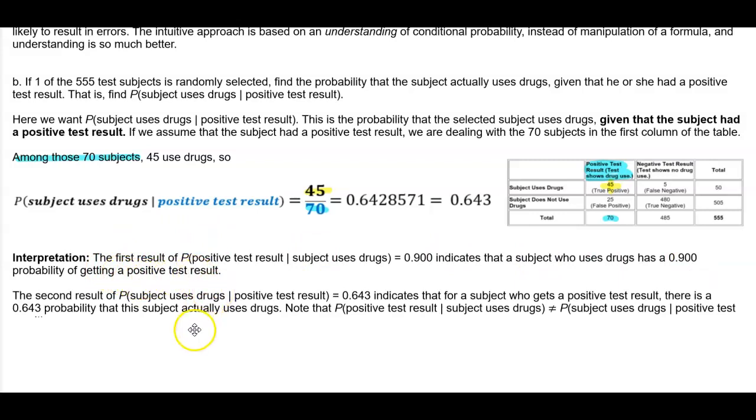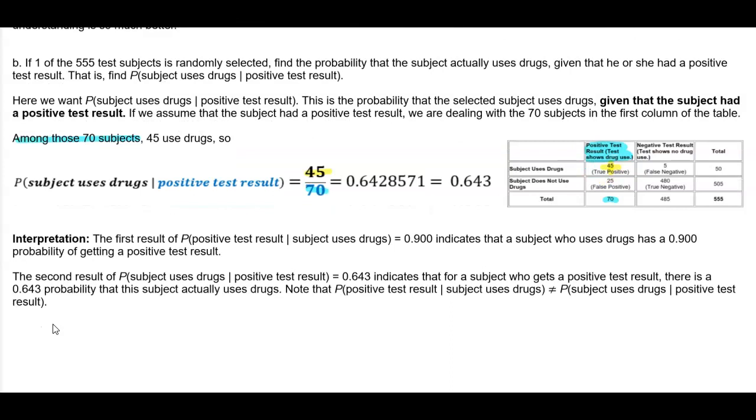The second result, the probability that the subject uses drugs, given that they had a positive test result, is equal to 0.643. This indicates that for a subject who gets a positive test result, there is a 0.643 probability that this subject actually uses drugs.